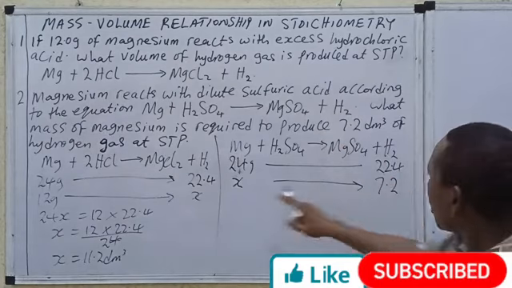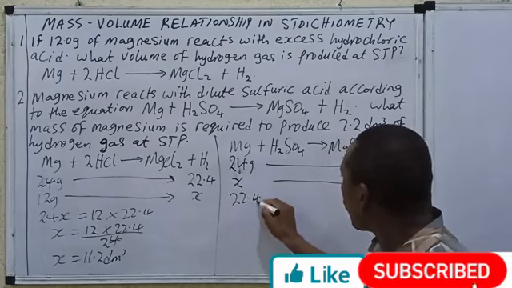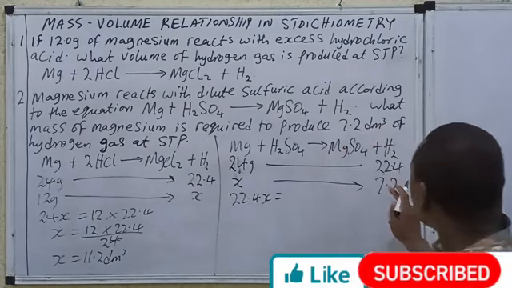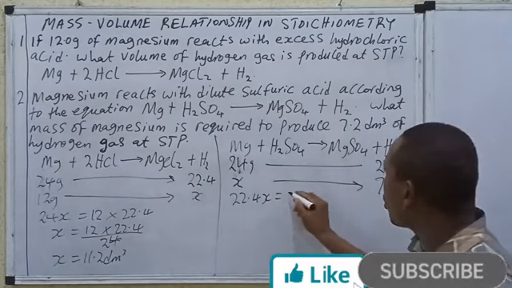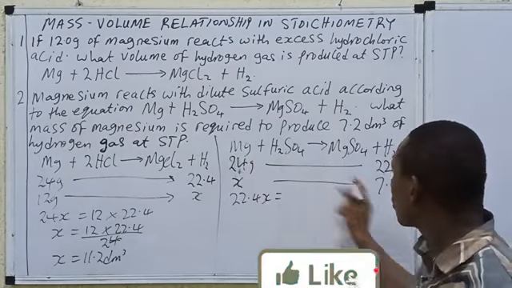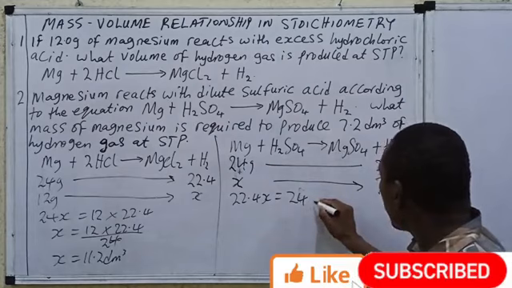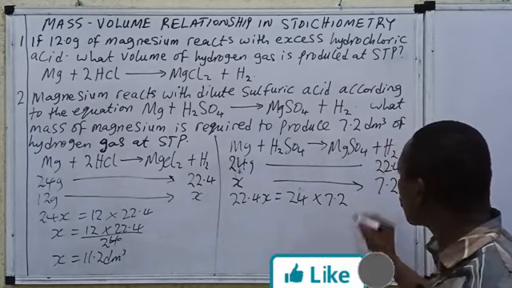If you use X to multiply this, you have 22.4X is equal to, if you use this to multiply this, you just do cross multiplication, 24 times 7.2.